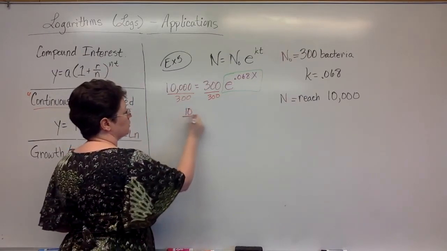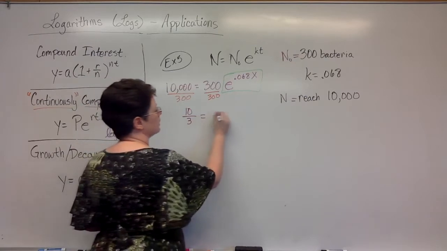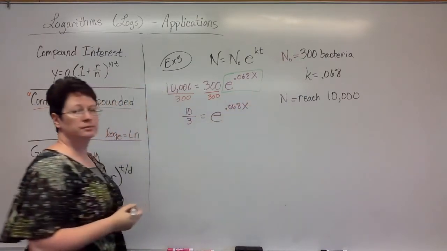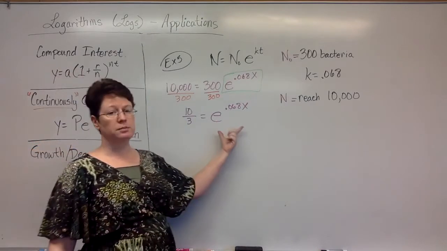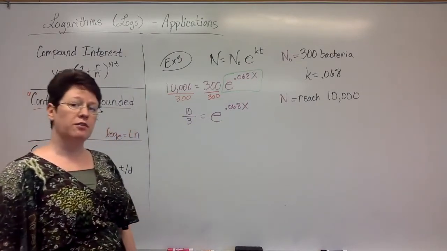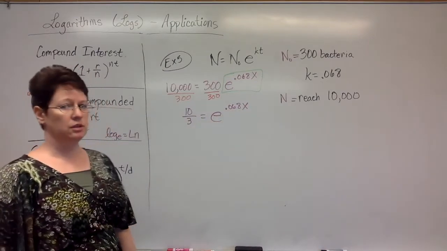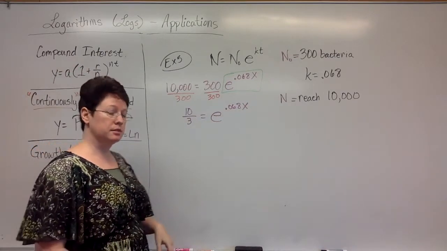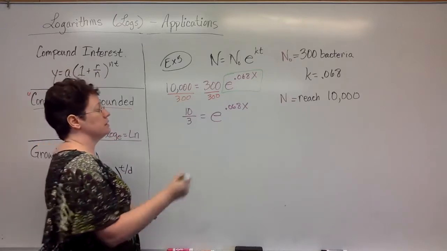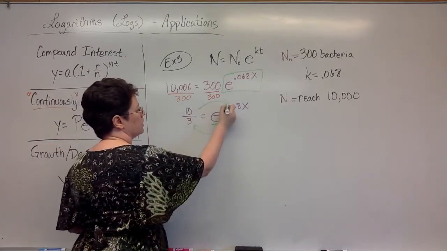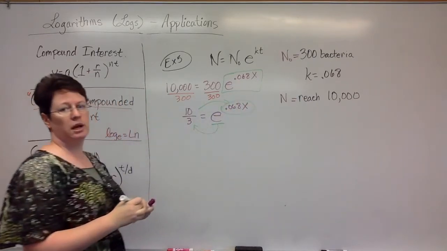So I've got 10 over 3 when I reduce my fraction, and that's equal to e to the 0.068x. Okay, my exponent part's by itself. I need to solve for x. How do I get the x out of the exponent? I turn it into a log. What's the base? The base is the e. Go across, come back to set it equal to my exponent.